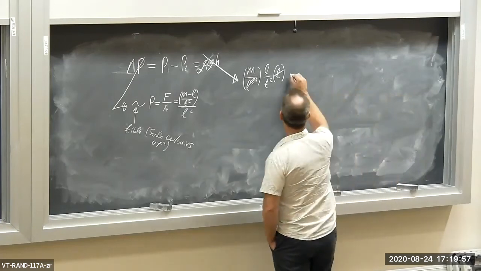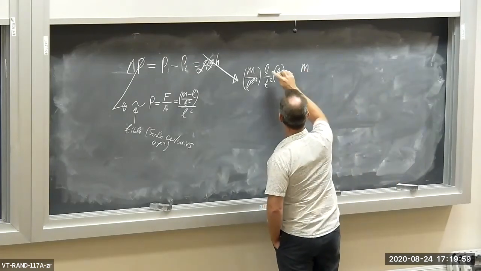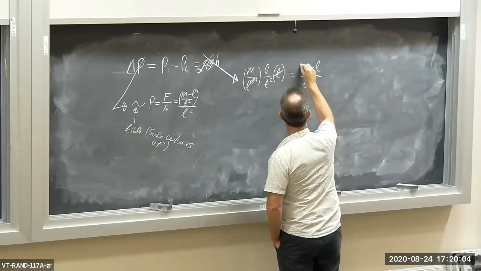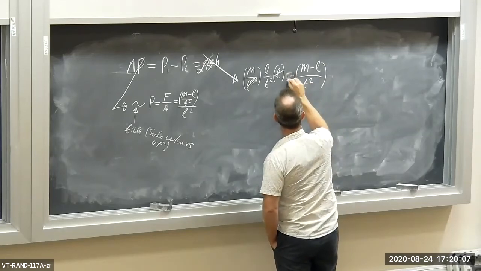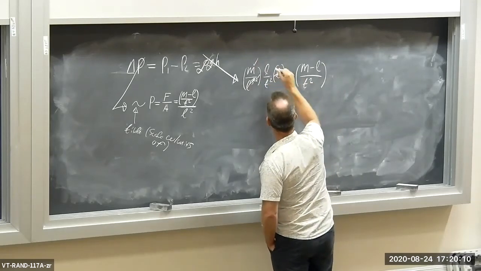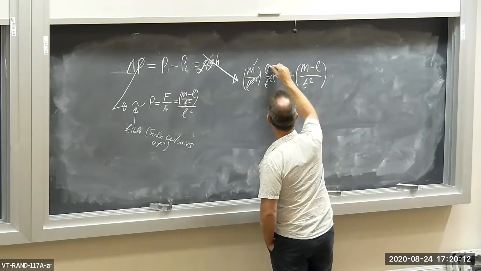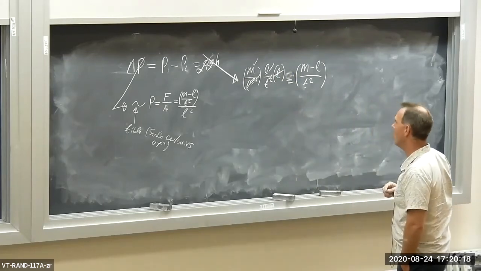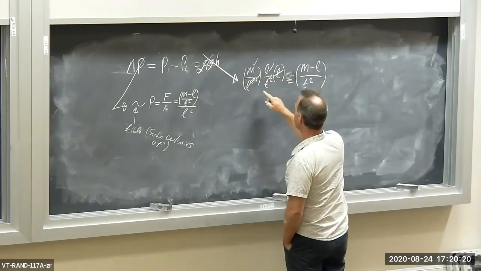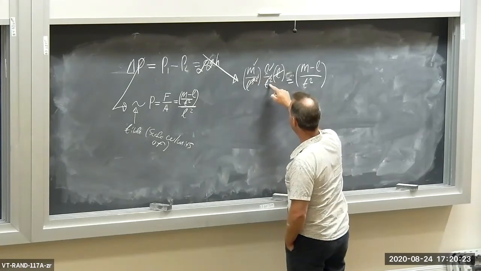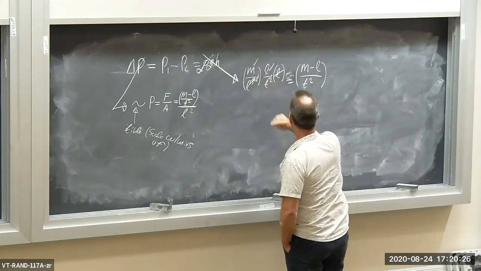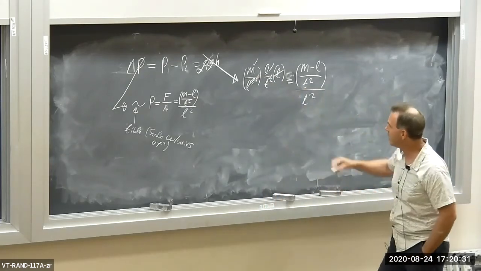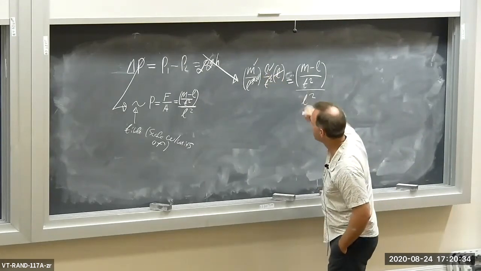Let's write what I got. Mass times a length over time squared, and then in the denominator, length squared. Time, length, and mass are gone. That takes care of this term. Check.